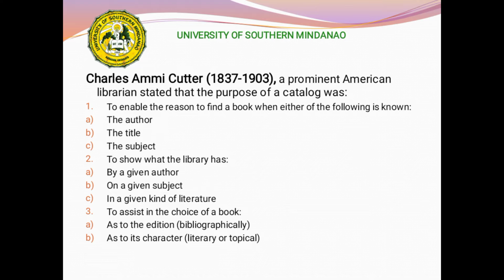Number two, to show what the library has by a given author, on a given subject, in a given kind of literature. Number three, to assist in the choice of a book as to the edition, bibliographically, as to its character, either literary or topical.